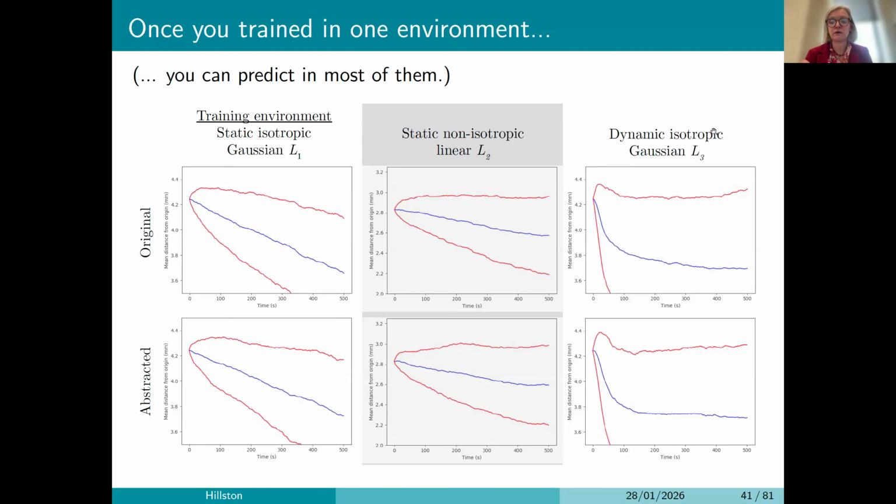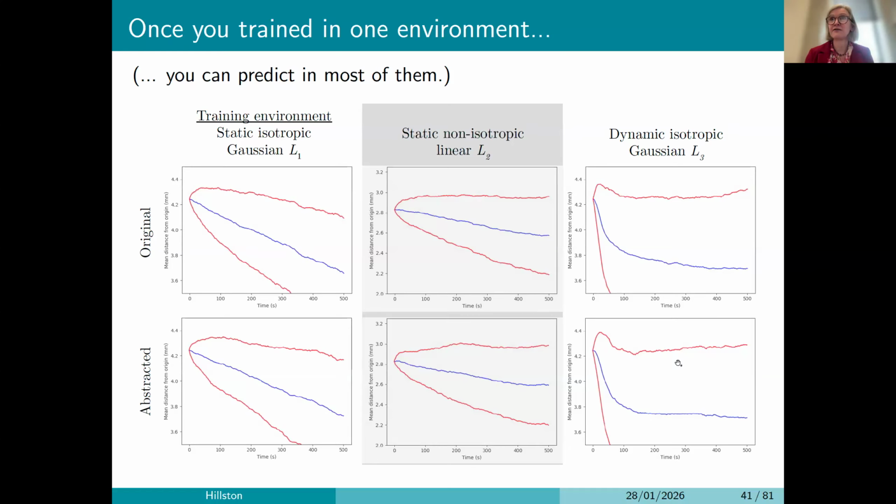And then finally, we looked at where you're dropping more of the concentration into the field as the simulation is running. So the concentration is itself dynamic as we alter the concentration. And again, we get very good agreement between the original and the abstract.